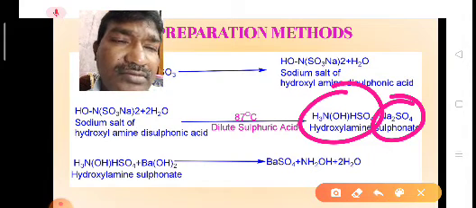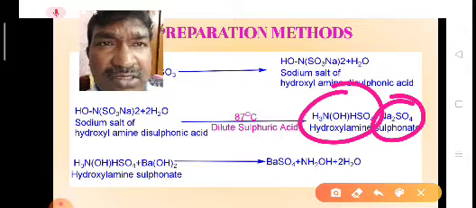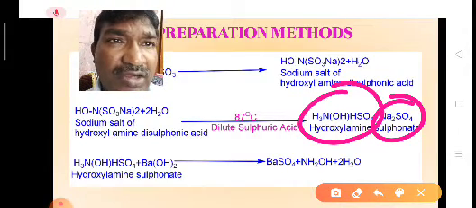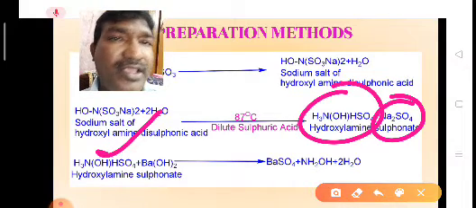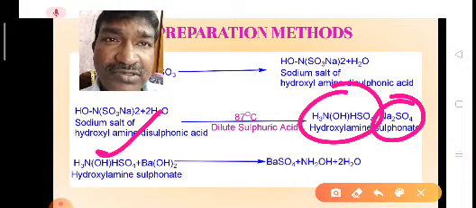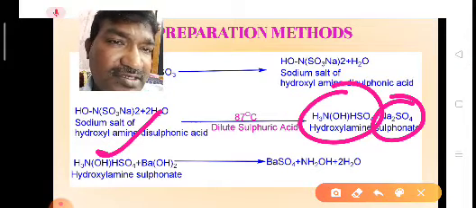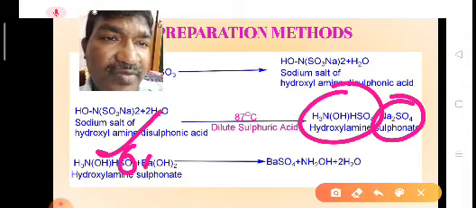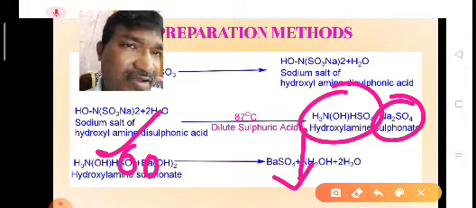Later on, we take this hydroxylamine sulfonate and we react it with barium hydroxide aqueous solution. As a result, the sulfate ion reacts with the barium ions and forms a precipitate, barium sulfate.